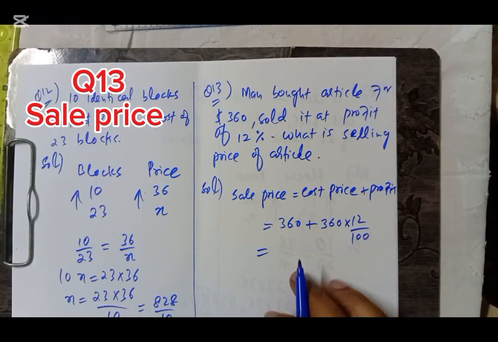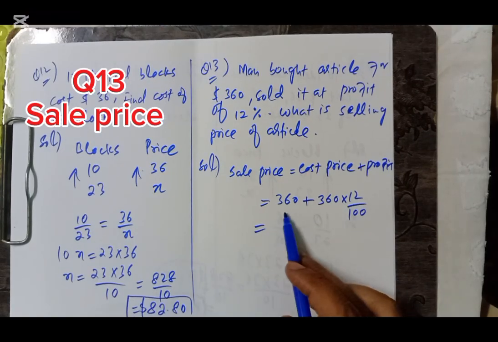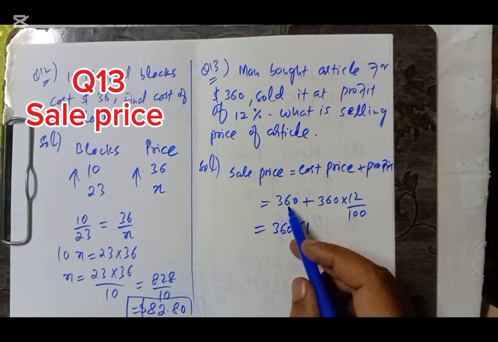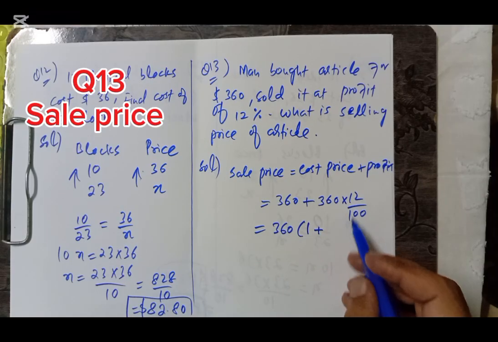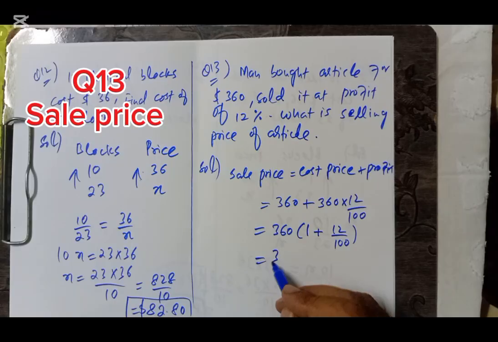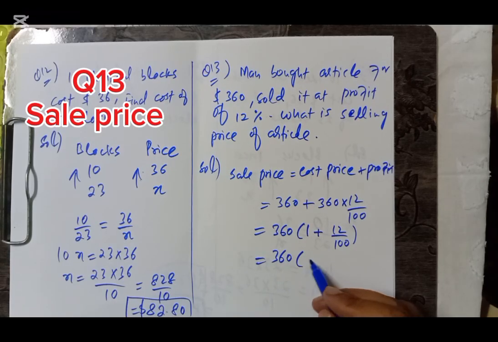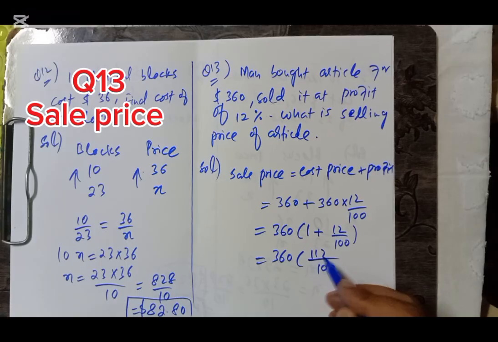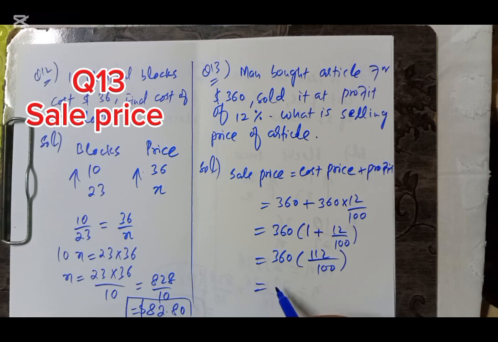Now to find the value of this expression, I can take 360 common. The first value will become 1 and the second value will become 12 upon 100. This can be calculated. 100 is the LCM, 100 plus 12 is 112, and this can be found manually also, but I will be using the calculator to save time.